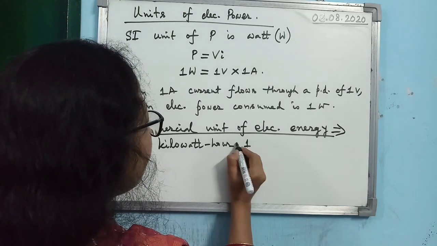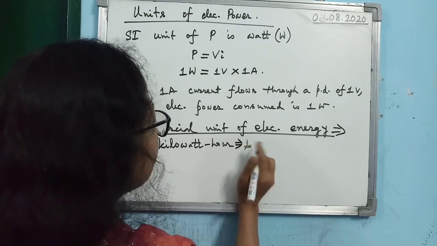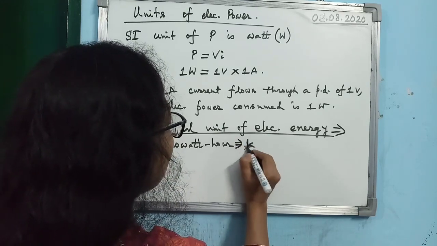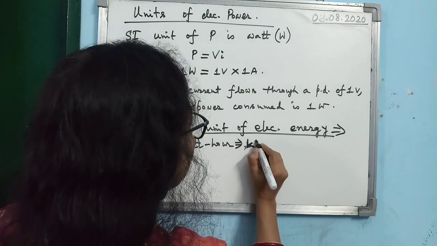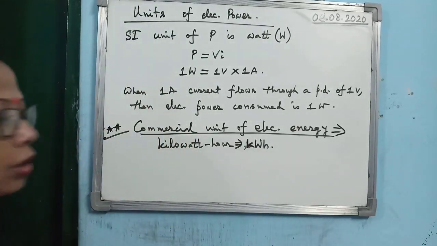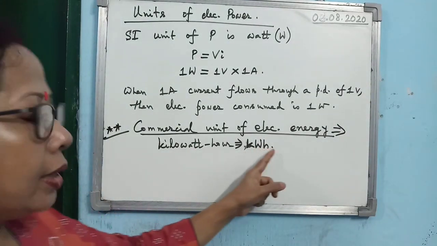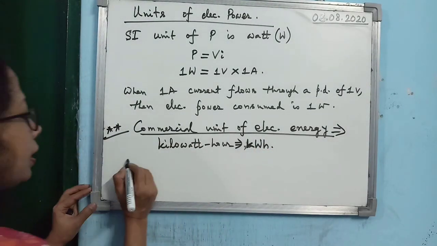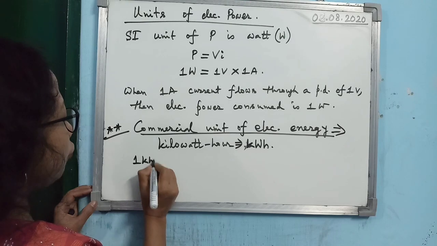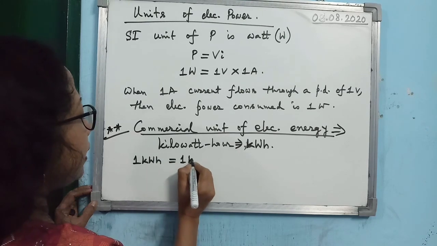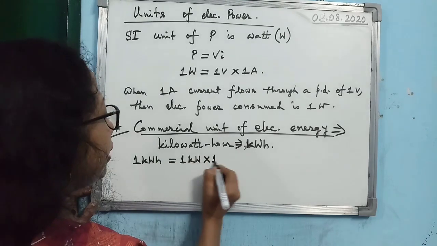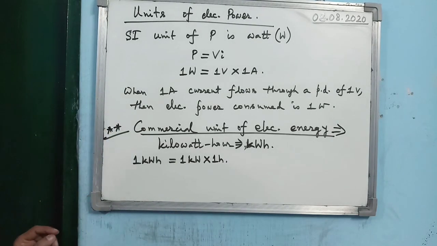We write it this way: kilowatt hour, K small, W big, H small. How do we define 1 kilowatt hour? 1 kilowatt hour you can write as 1 kilowatt into 1 hour, isn't it?